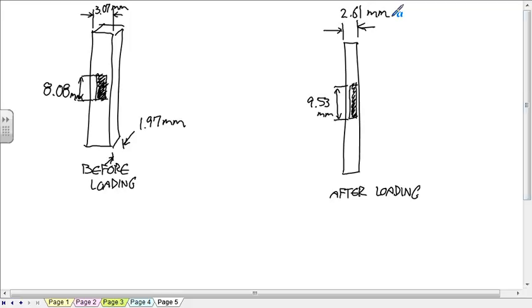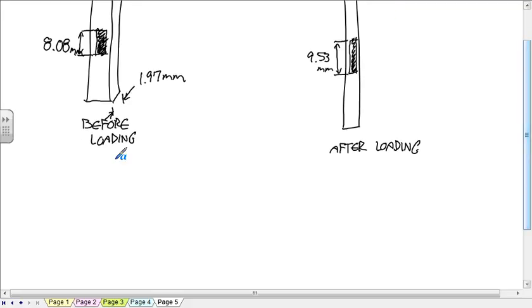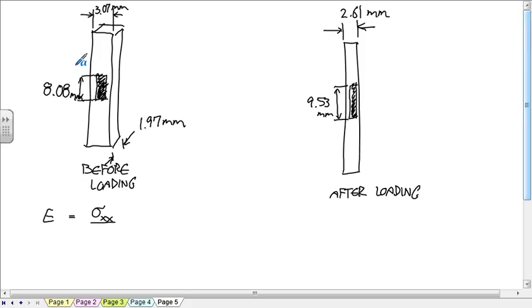And now we're just going to go through these calculations. We know that Young's modulus, by that definition I gave you, has to be equal to the axial, and I'm just calling this axis the x-axis.